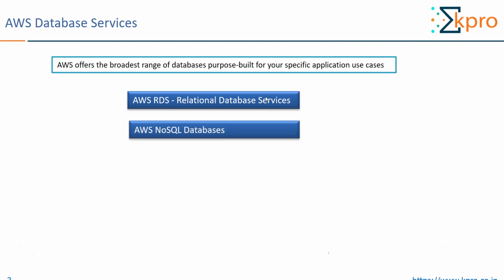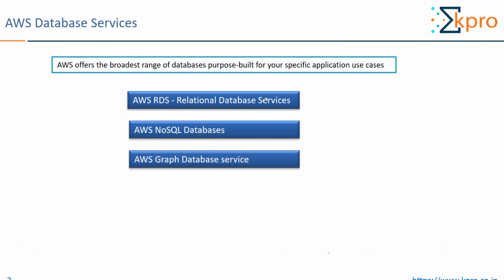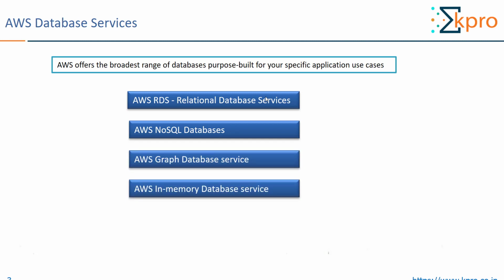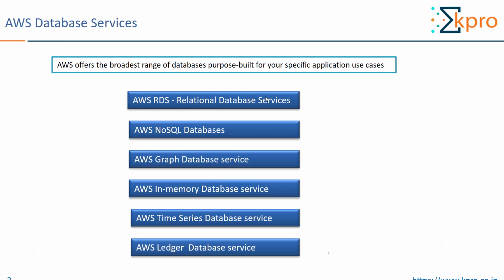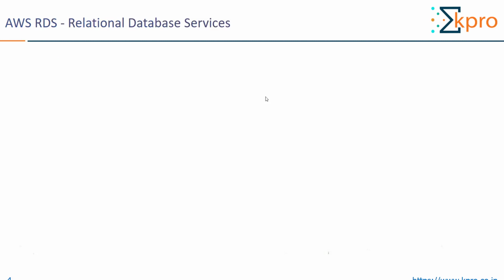Second, AWS NoSQL database services. AWS graph database service. AWS in-memory database service. AWS time series database service. AWS ledger database service, sometimes called QLDB, the ledger database service.